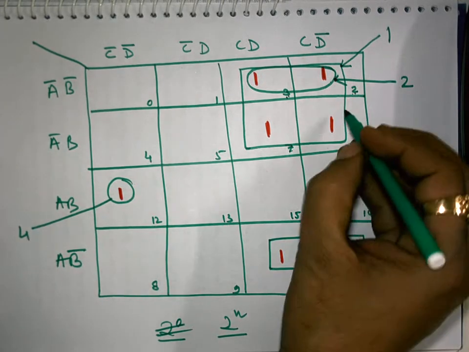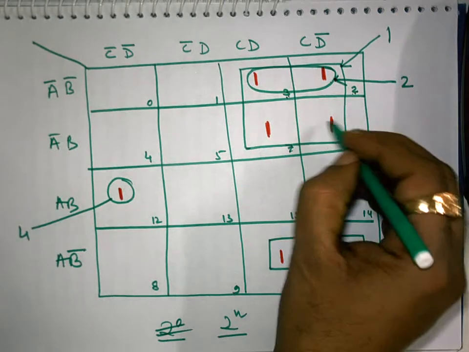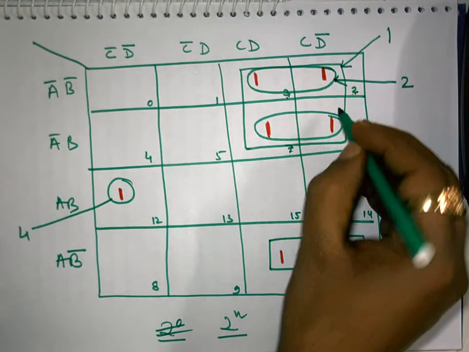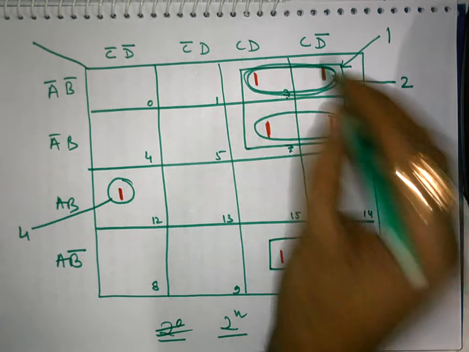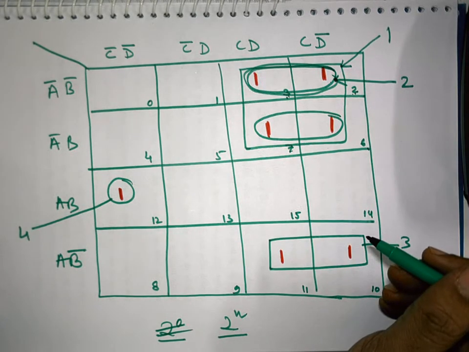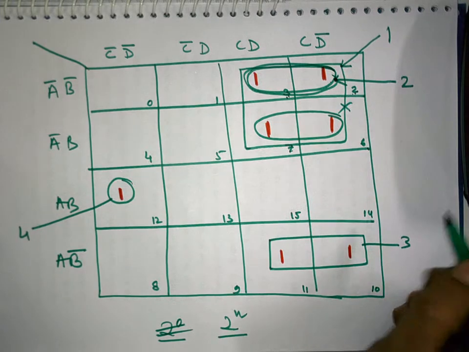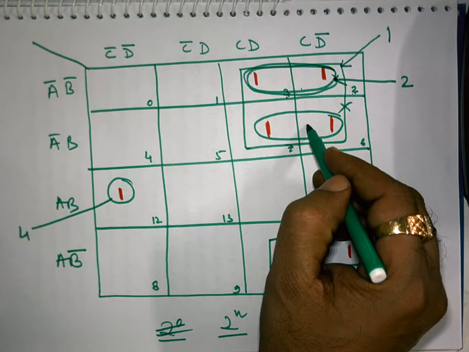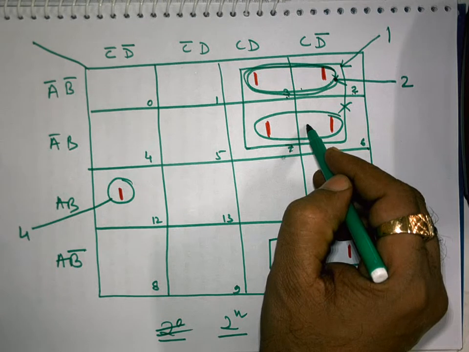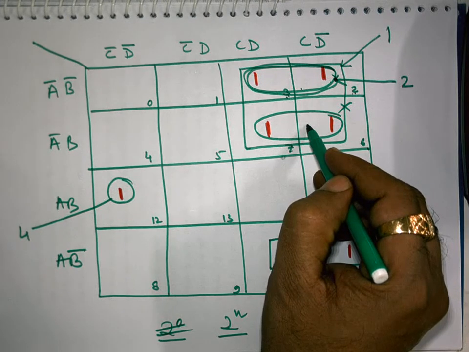Somebody can say that instead of forming this quad, why not I form these 2 pairs? Forget about this quad. These two pairs will not result in the maximum minimized term.